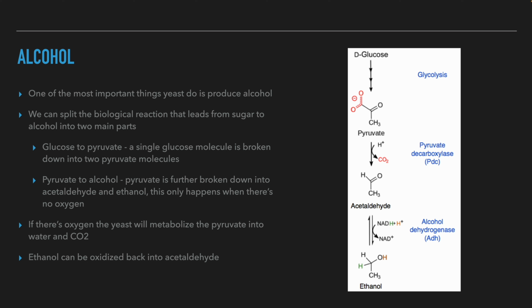The second step, on the other hand, only happens in cases where there is no oxygen and is the conversion of pyruvate into alcohol. If there is oxygen, the yeast will be able to extract much more energy from the sugar and then turn it into carbon dioxide and water.